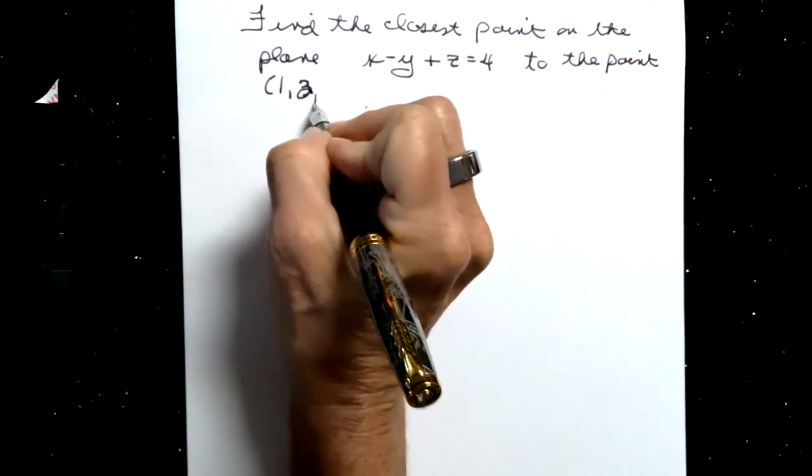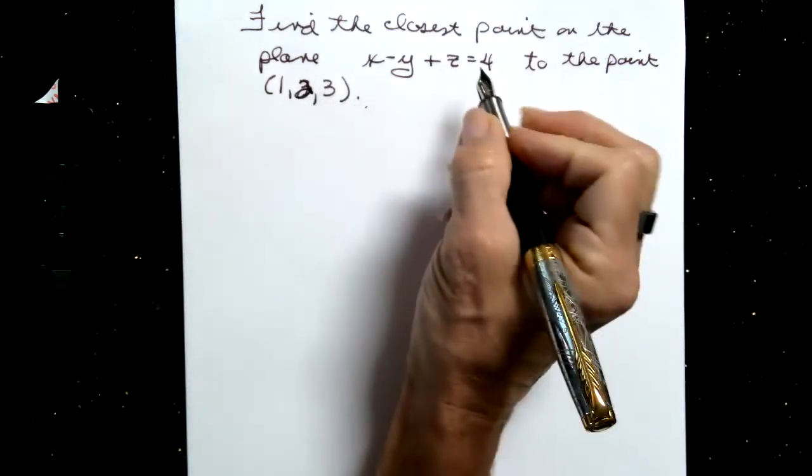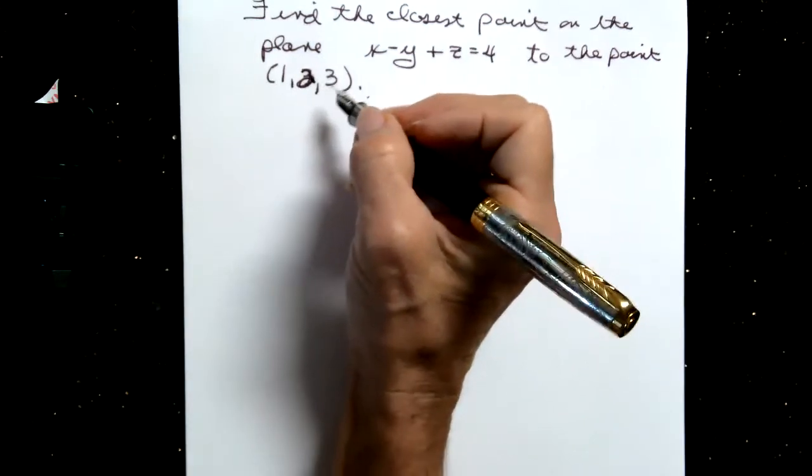Oops, 1, 2, 3. Okay. So we're asked to find the point on the plane that's closest to this point. So how are we going to do that?